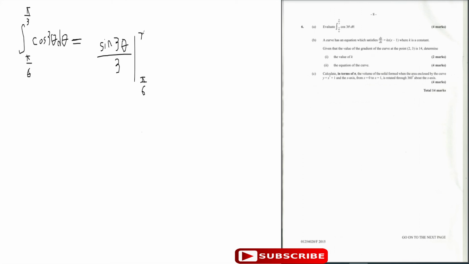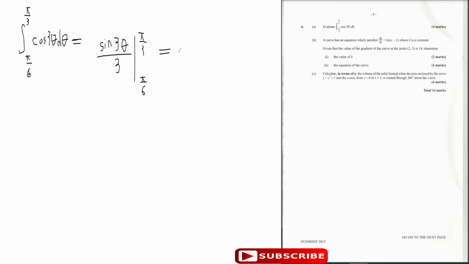So all you have to do is plug in pi by 3 first. When you plug in pi by 3, 3 times pi by 3 is just pi. Remember, pi by 3 is really 60 degrees. 3 times 60 is 180. The sine of 180 is 0.